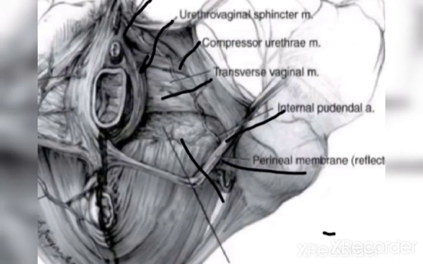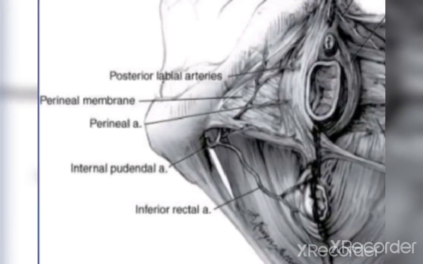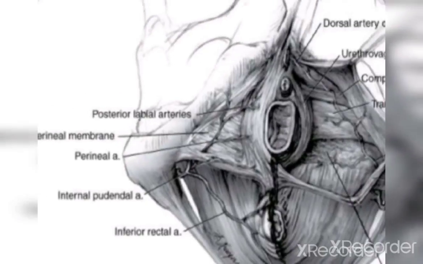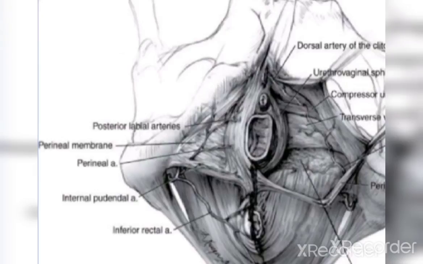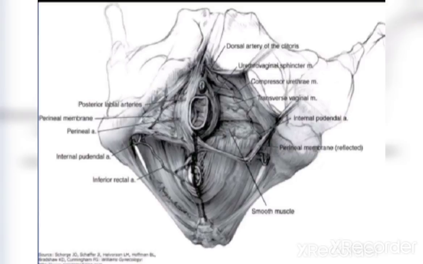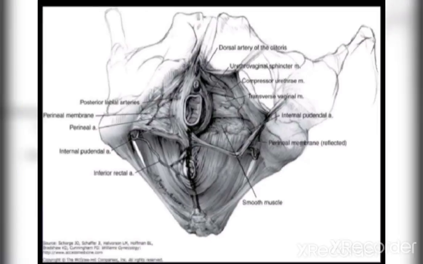These are all smooth muscles, and here you can see the posterior labial arteries, then the perineal membrane, perineal artery, internal pudendal artery, inferior rectal artery. These are all arteries and the various structures of the deep perineum, and they are of importance especially in urinary incontinence.